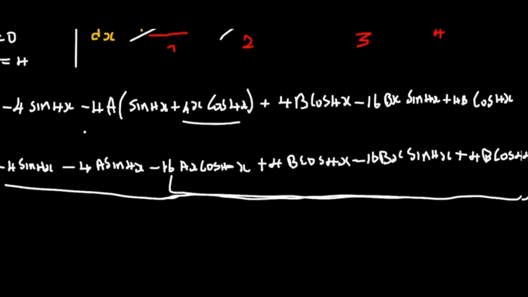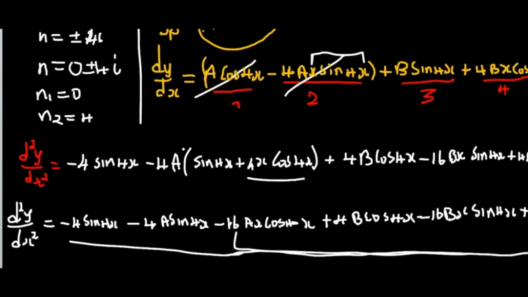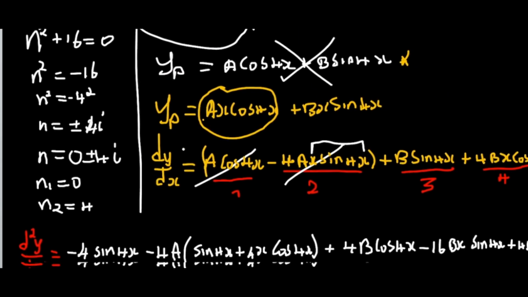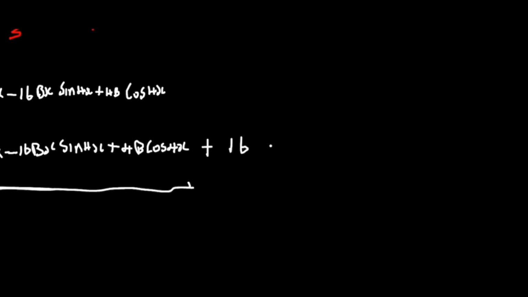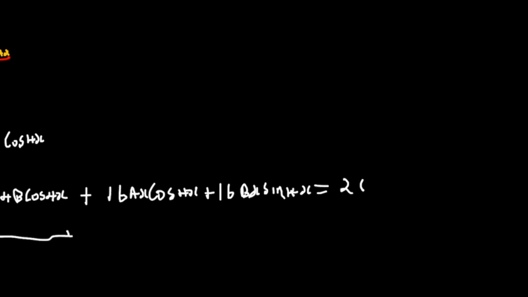So plus 16, and our y is ax cos 4x, plus 16bx sine 4x, equal to 2 cos 4x.